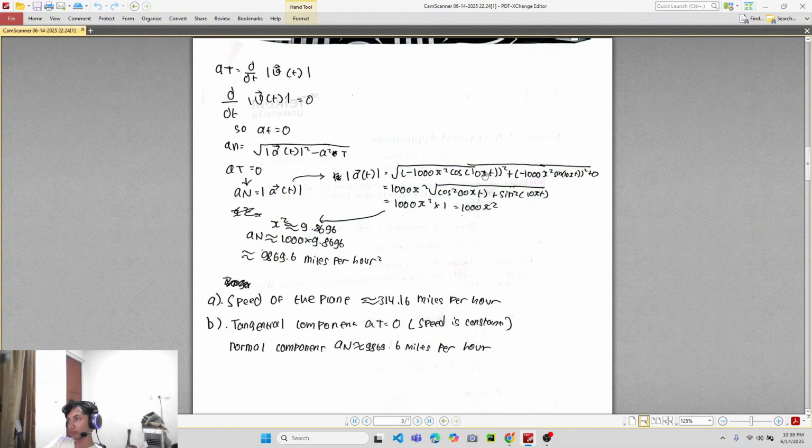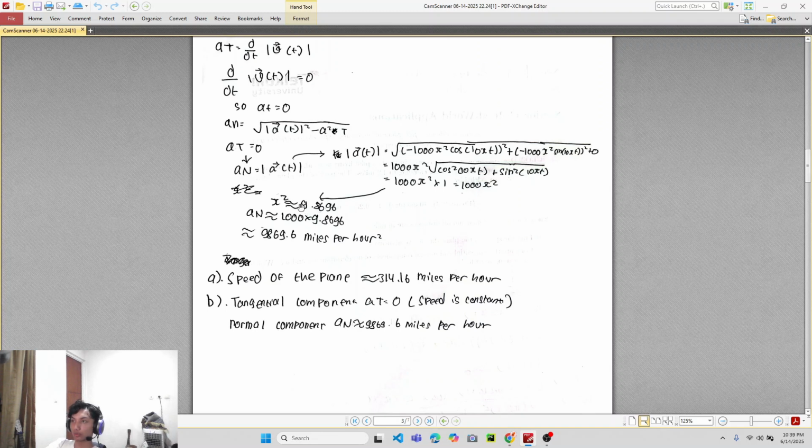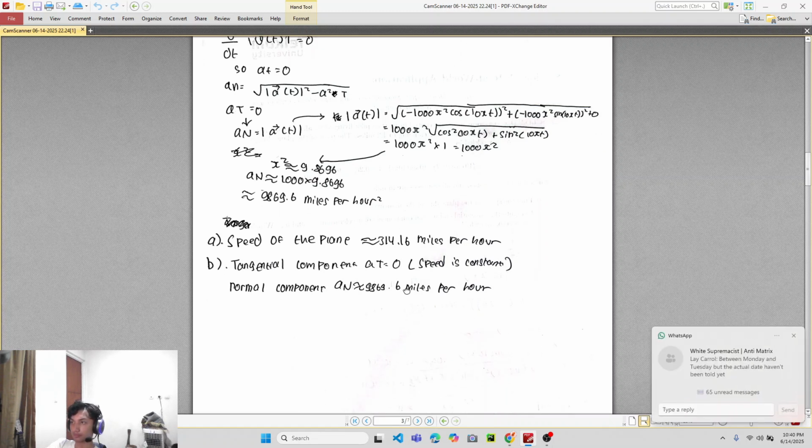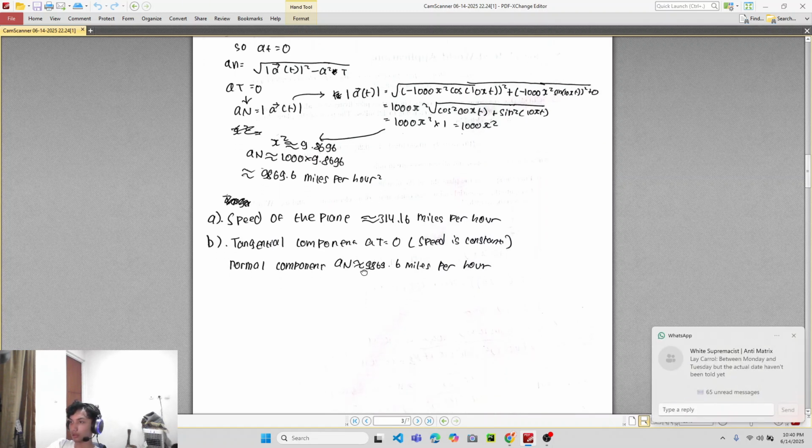So we pull out the 1000π² here, and we will get 1000π², which is approximately 1000 times 9.8696, which is 9869.6. No, I think we don't need the square here.